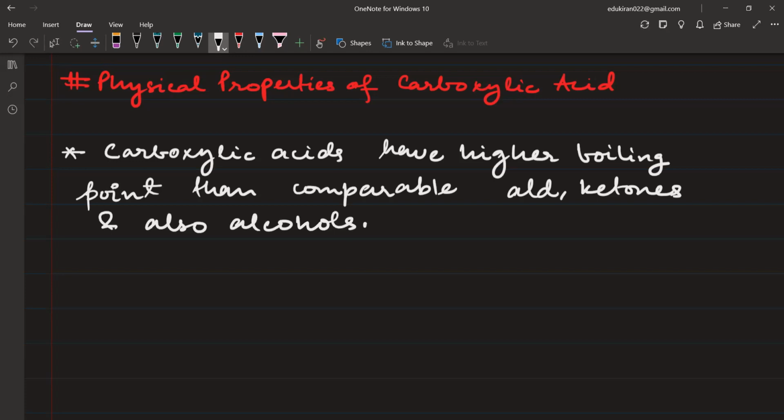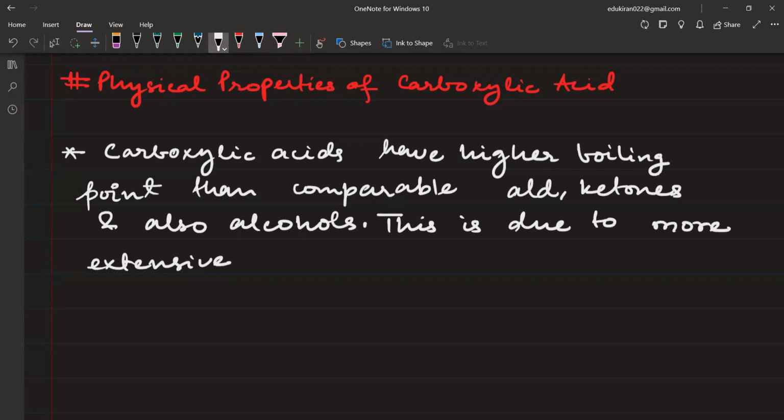Why is this? This is due to more extensive hydrogen bonding. For example, a carboxylic acid is C double bond O OH.